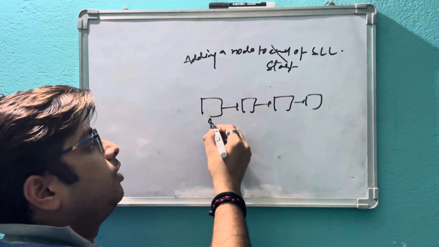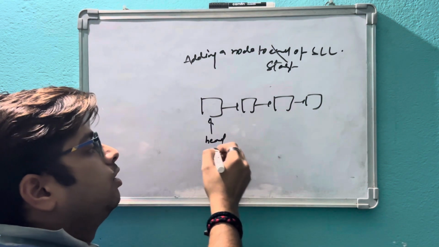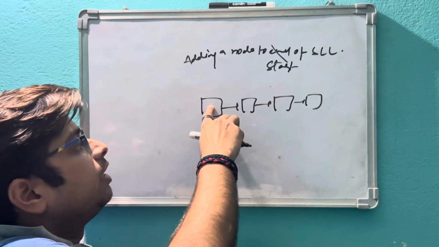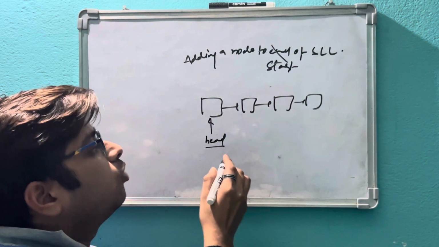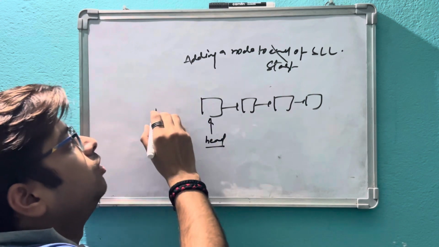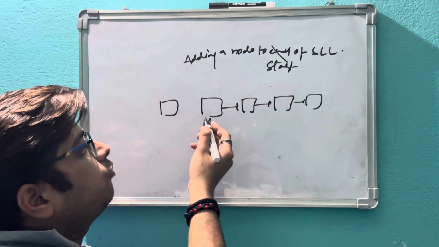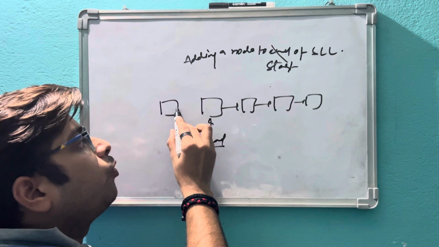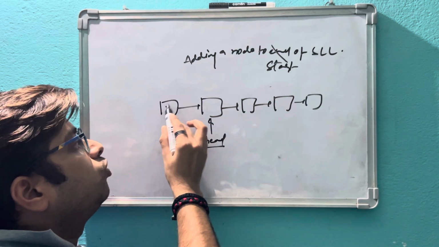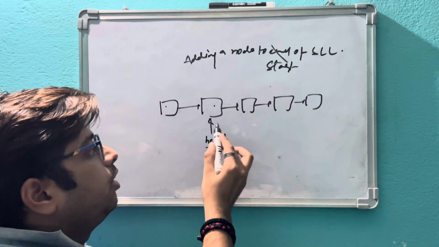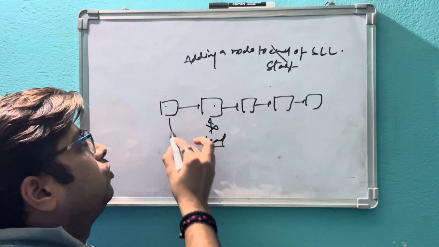There is a pointer called head that is pointing to the start of the linked list. We will be provided with this head, and now we need to add a new node to the start of it, which would be pointing to the next node. That is, this particular node would be pointing to the head, and we will update the head to this particular position.